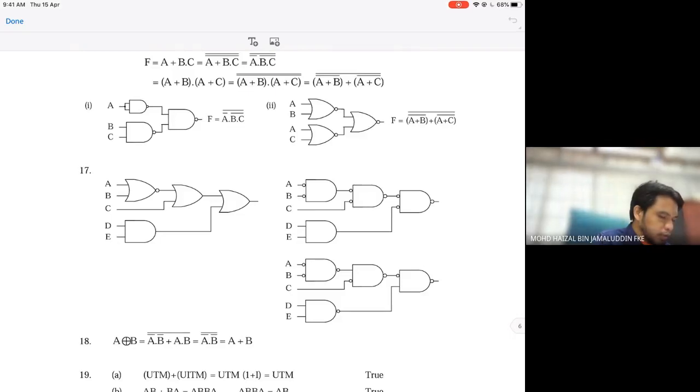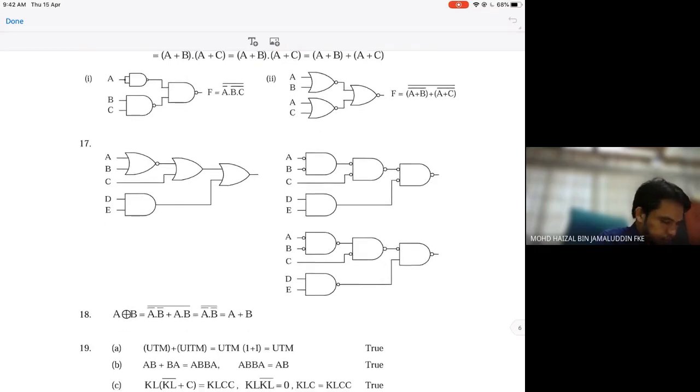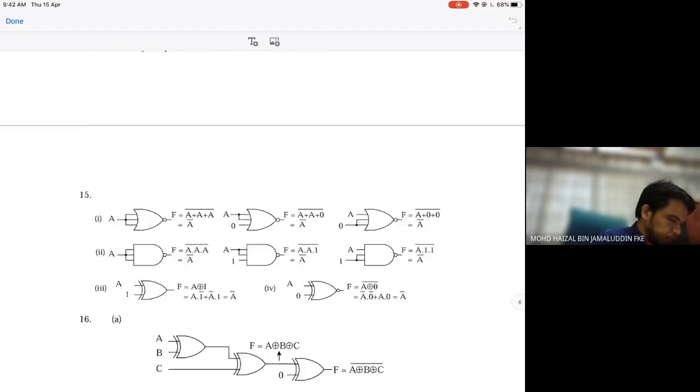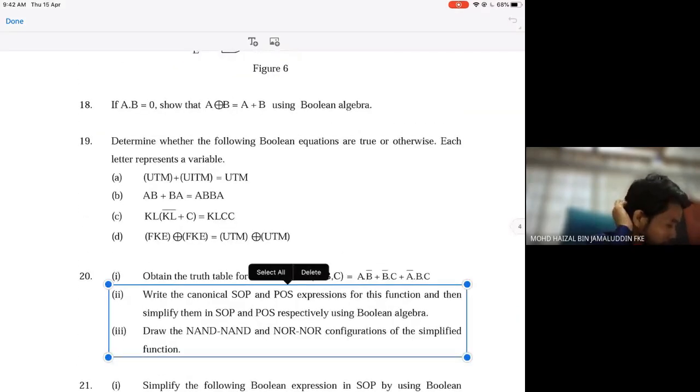You convert it to the NAND gate. Each OR gate you convert also, and use all NAND gates. So sometimes the question asks you to think.